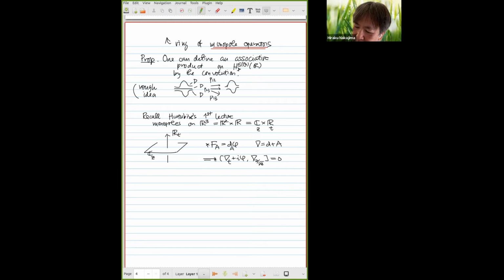This is one of the consequences of the monopole equation. It means that the holomorphic structure on the time slice is constant along the time direction.